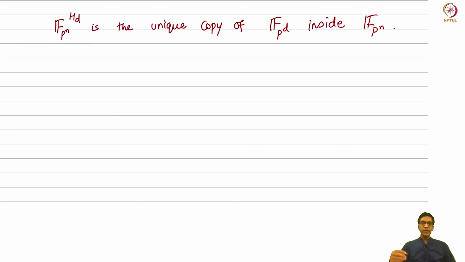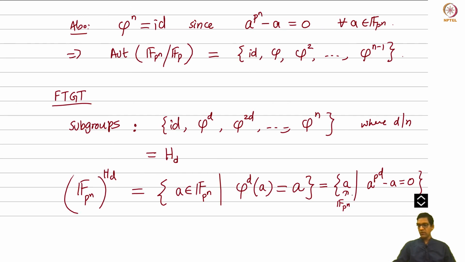For every divisor d of n, you can find a unique copy of F_p^d inside F_p^n. And how do you get that copy? You just take those elements of F_p^n which satisfy this exact equation, a to the p to the d minus a is 0.